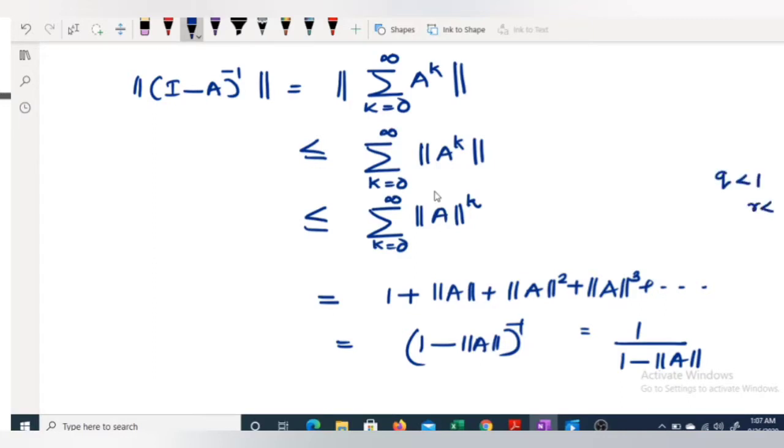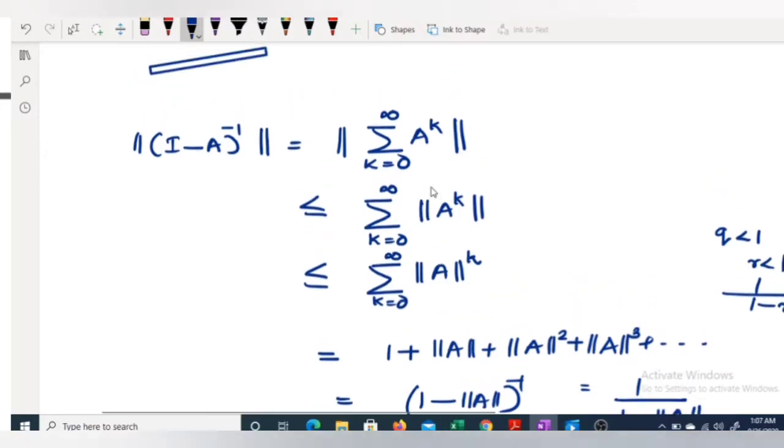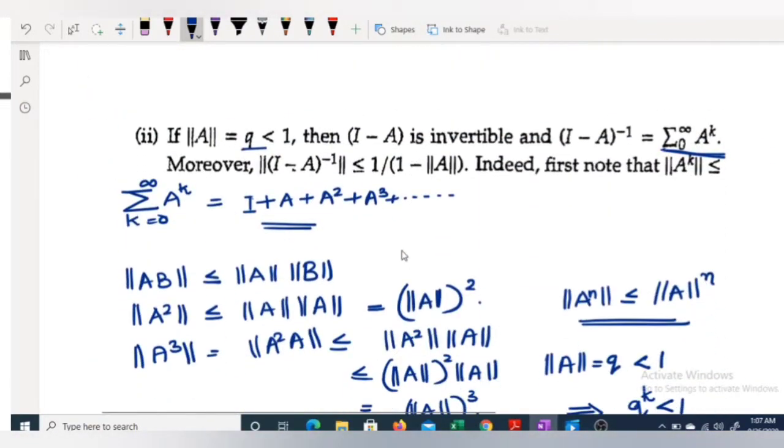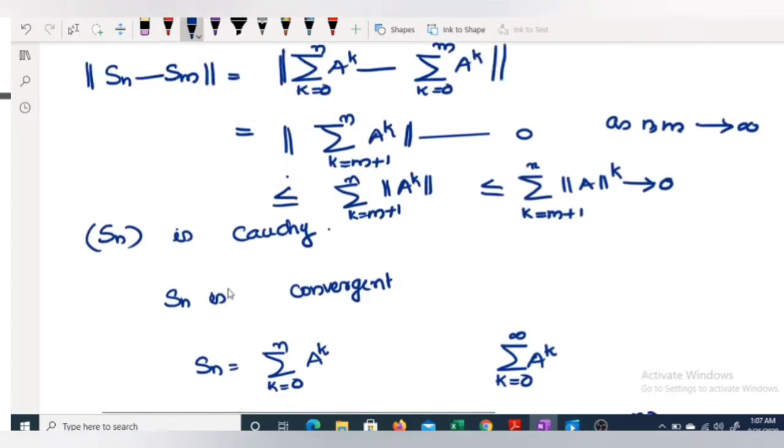If r is less than 1, then the sum of a geometric series is 1 by 1 minus r. Therefore norm of I minus a whole inverse is less than or equal to 1 by 1 minus norm of a.